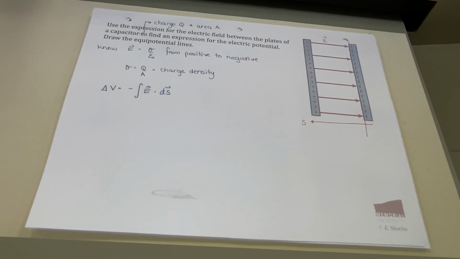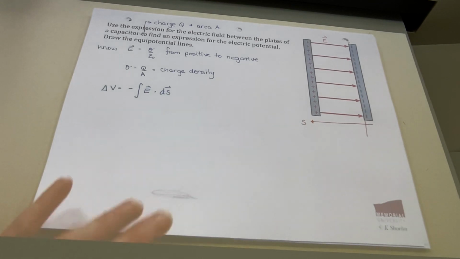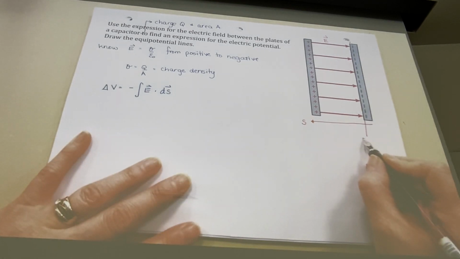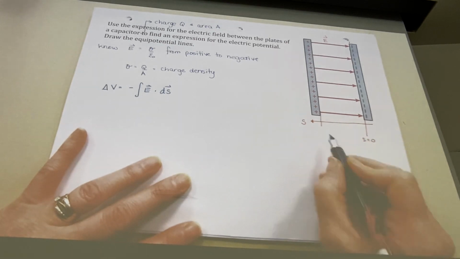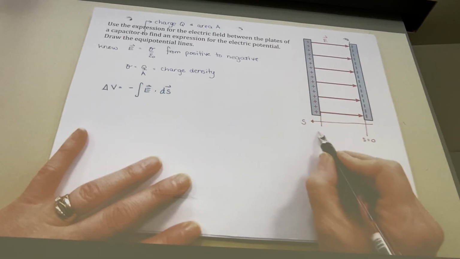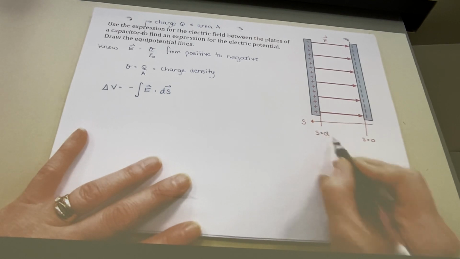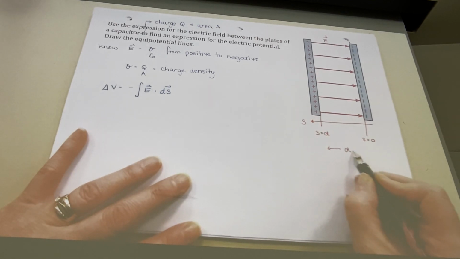Just like picking an x and y axis, with a capacitor we pick an s axis, which goes from negative towards positive. At the negative plate, we say s is equal to 0. At the positive plate, it's the width of the capacitor, s equals d, so from here to here is d.